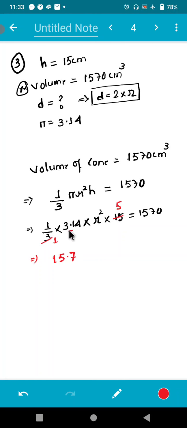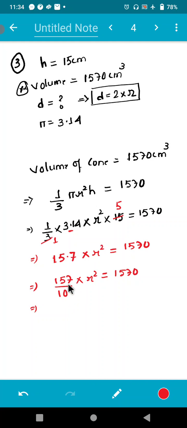If you multiply 3.14 and 5, you will get 15.7 into r square, and this equals 1570. Now to make it simpler, we'll convert this decimal form to a fractional form. So it will look like 157 by 10 into r square equals 1570.